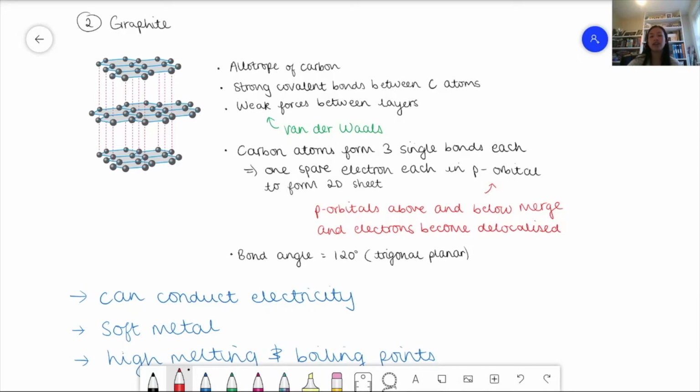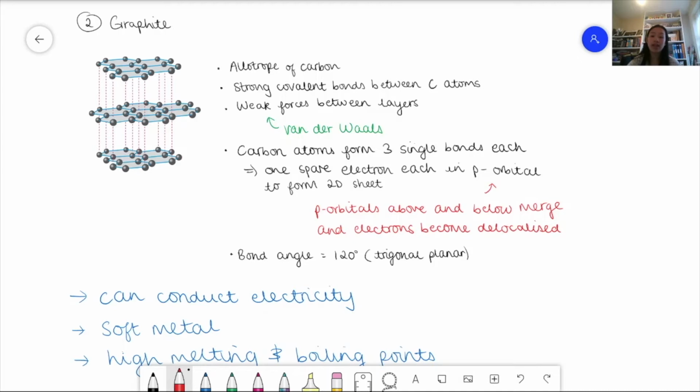So graphite is found in pencils. When you write on a piece of paper, it writes really well, and that's because the layers of the 2D graphite sheets can slide over each other really well because there's only weak forces between the layers, and so it's not hard to overcome them. So that's why it's a soft metal.